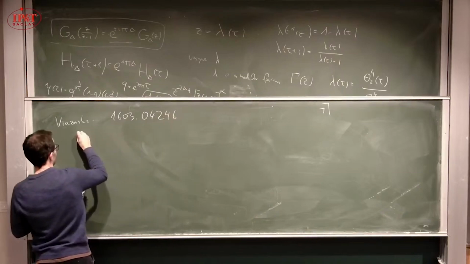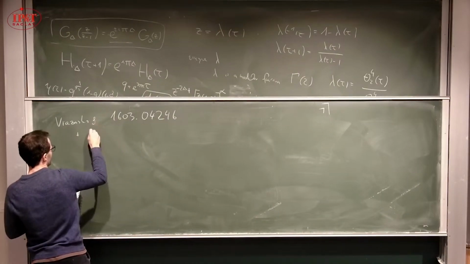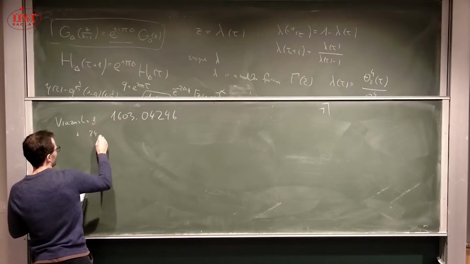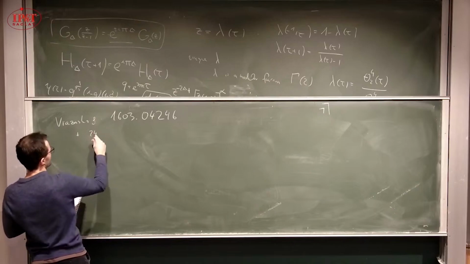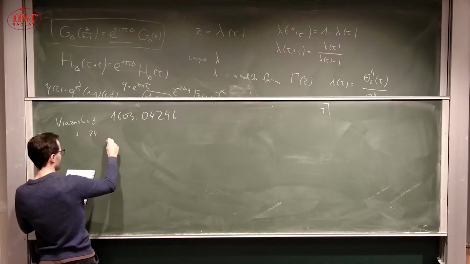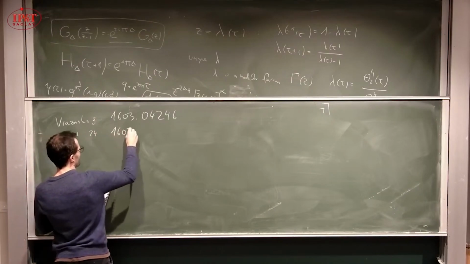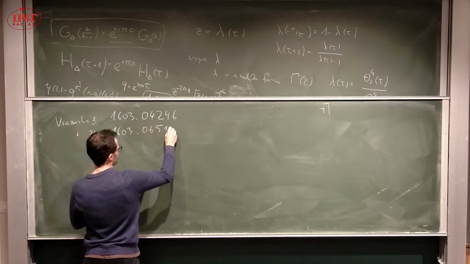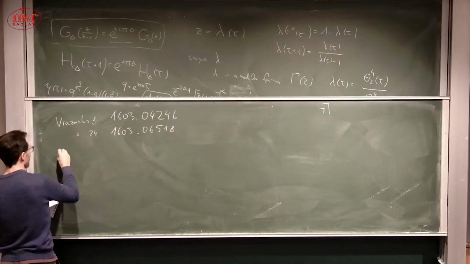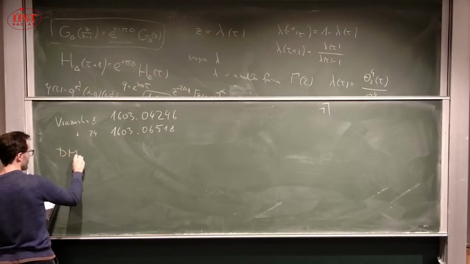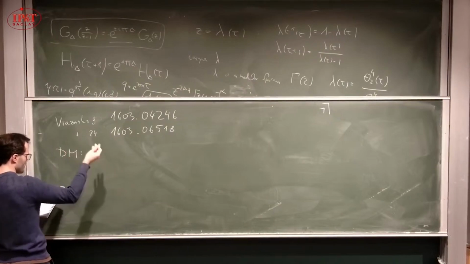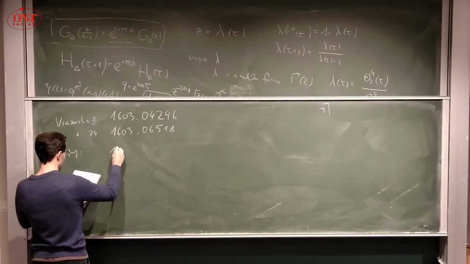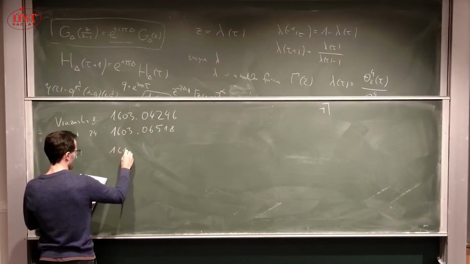Then Viazovska and friends: this is 8 and this is 24 dimensions. I don't know if the ratio of the number of authors is the same as the ratio of dimensions, but almost. So this is 24 dimensions. Then my paper, which has nothing to do with sphere packing but proves this theorem for CFTs, is 1611.